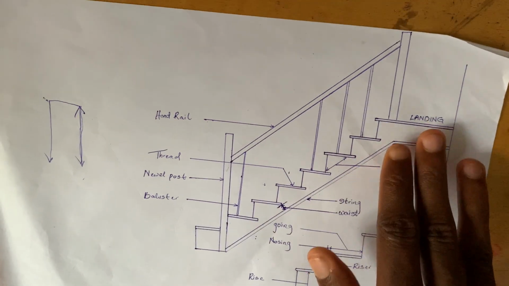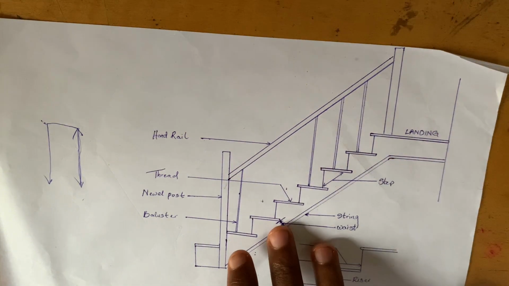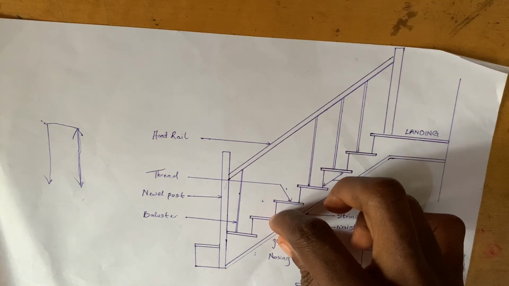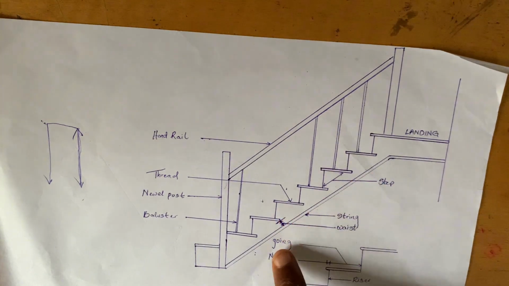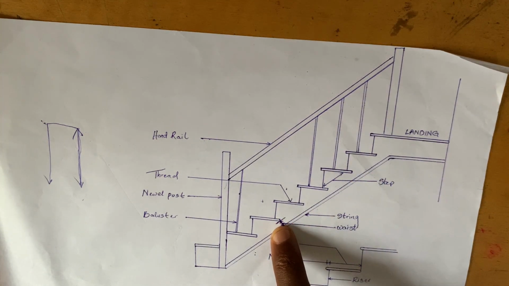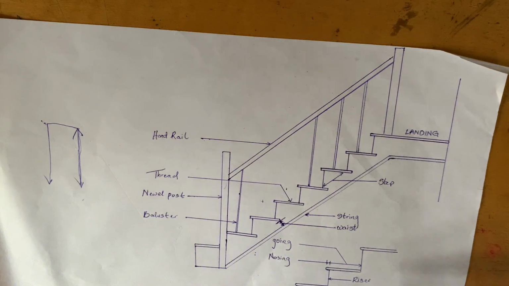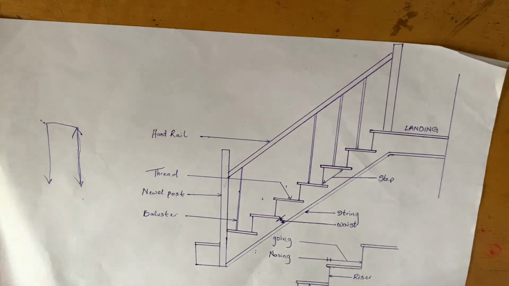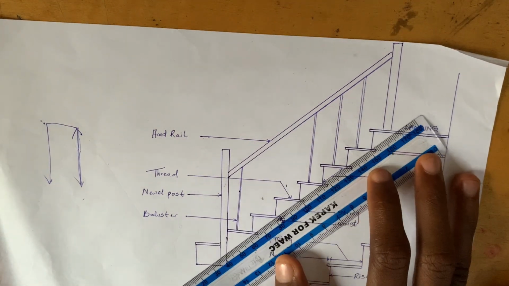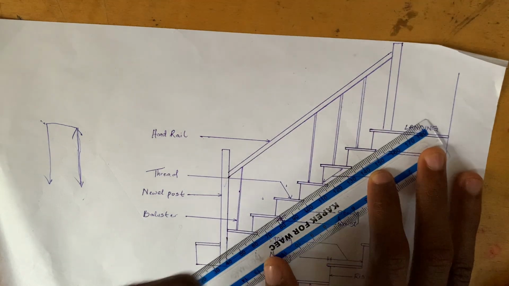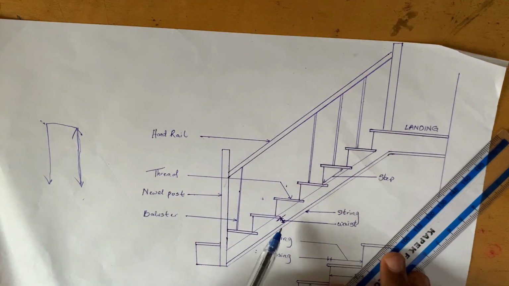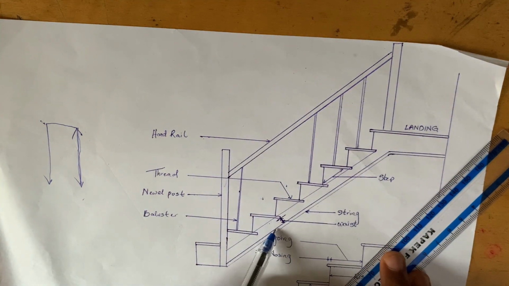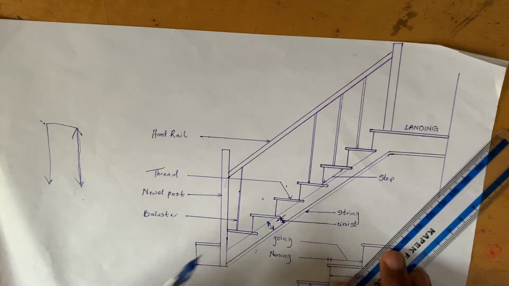Now the thickness of the staircase is called your waist. That's the part of the staircase that makes the thickness, after the step. Let me use a ruler. If you cut this step like this, this thickness here, from here to here, is called your waist.